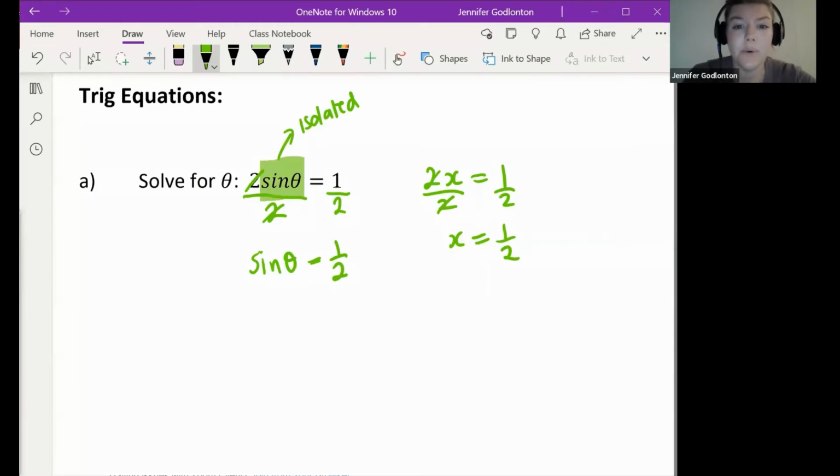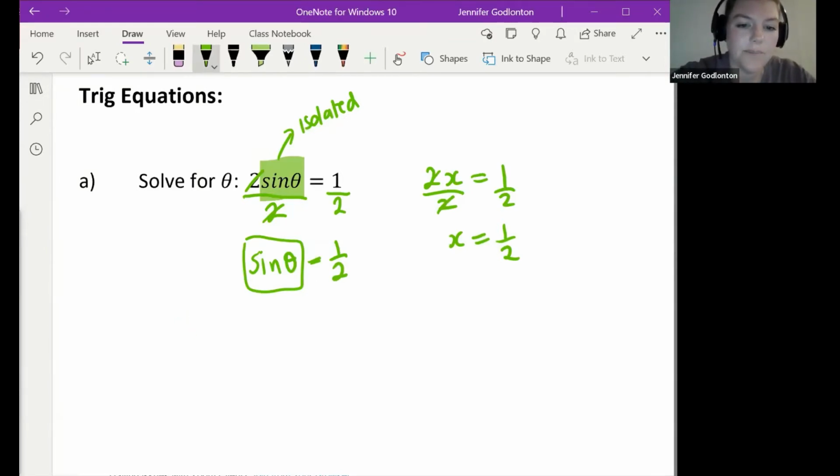Now when we get to this point, when this is completely isolated, so there's no number next to it, there's no number under it, it's isolated as it is, then we can go into our calculator. And now you would do the same steps as you would have done previously.